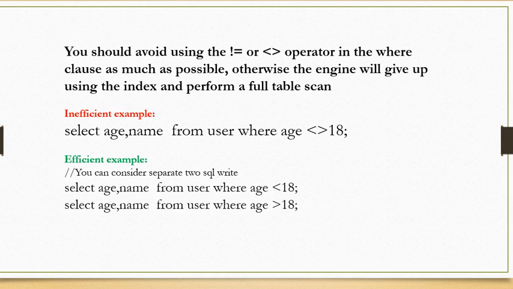The efficient example is to consider two separate SQL queries: select age, name from user where age less than or equal to 18, and one more query with greater than or equal to 18. The reason is, using not equal and less than greater than is likely to invalidate the index.